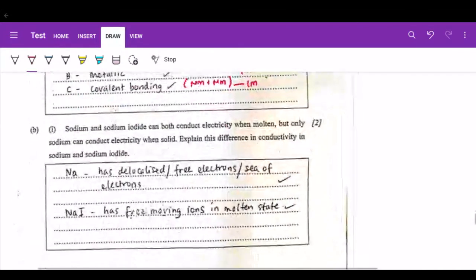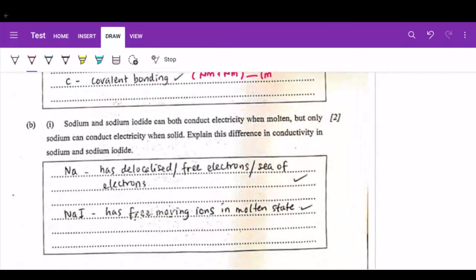Okay, next question is B1. Sodium and sodium iodide can both conduct electricity when molten, but only sodium can conduct electricity when solid. Explain this difference in conductivity in sodium and sodium iodide. So sodium is a metal.